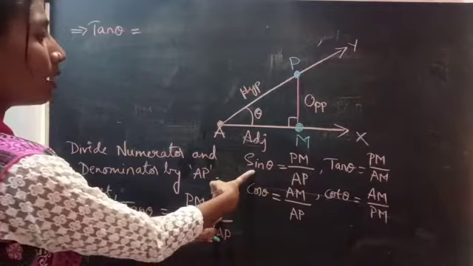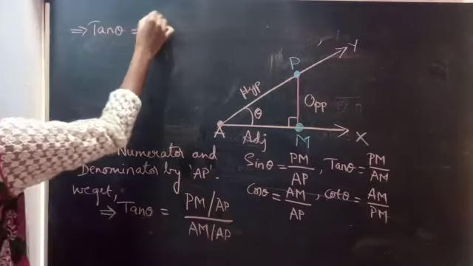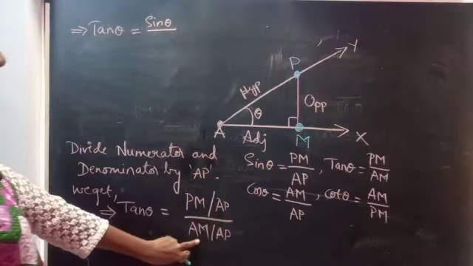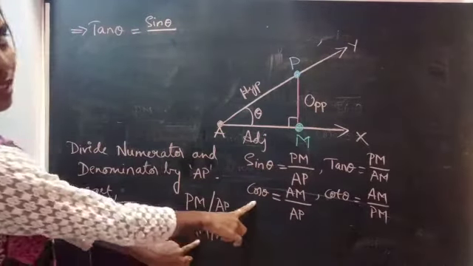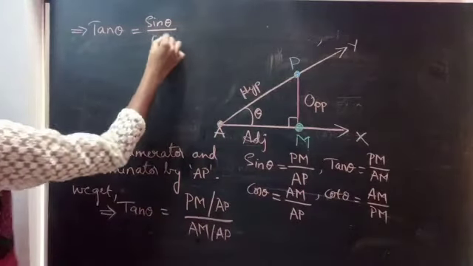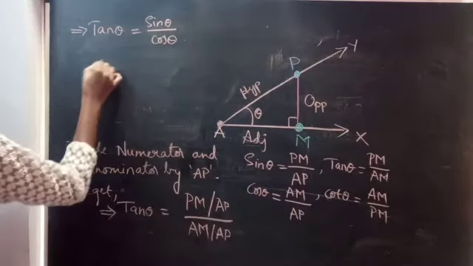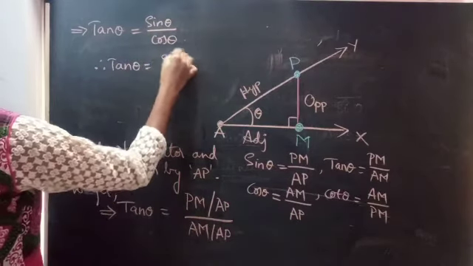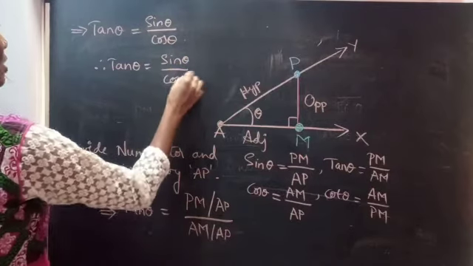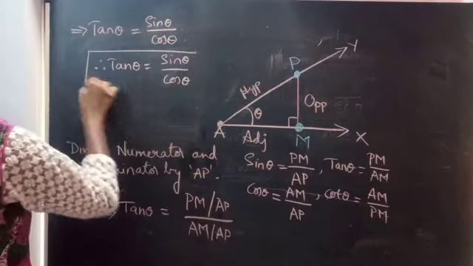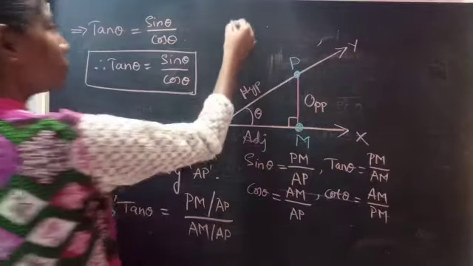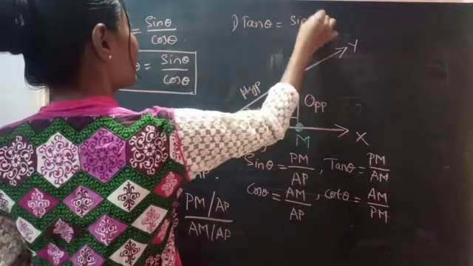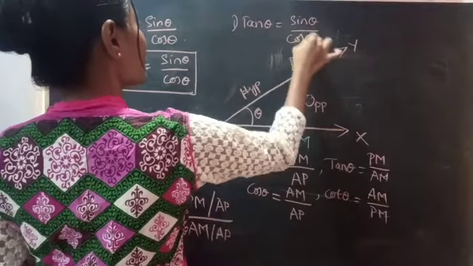PM by AP is your sine theta, so replace it with sine theta. Sine theta by AM by AP; AM by AP is cos theta, so replace it with cos theta. So therefore, tan theta is equal to sine theta by cos theta. We have proved one identity. So what we have proved? Tan theta is equal to sine theta by cos theta.